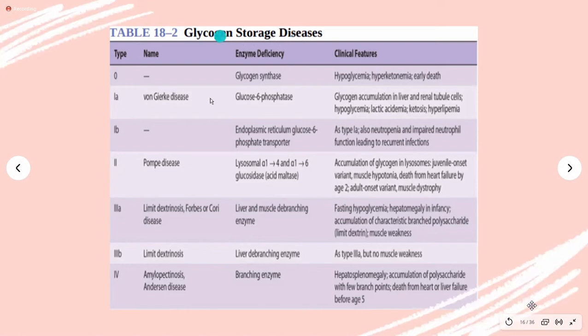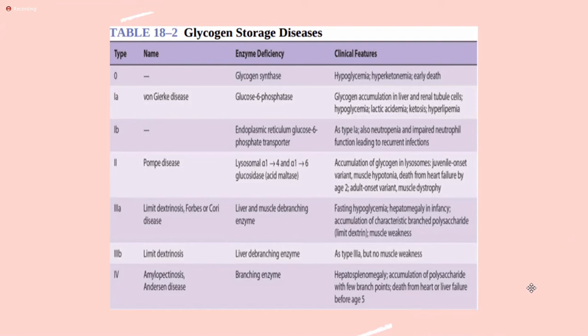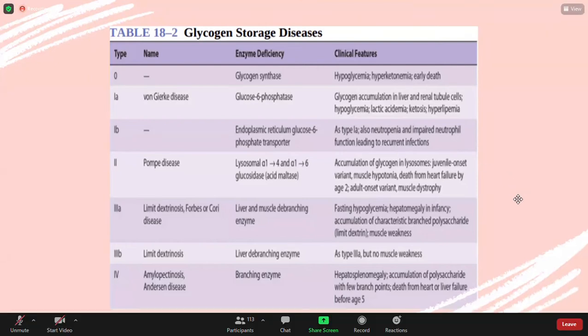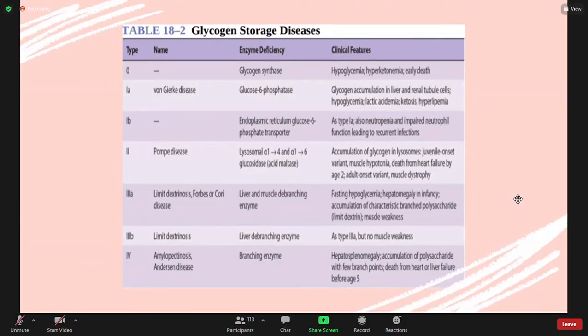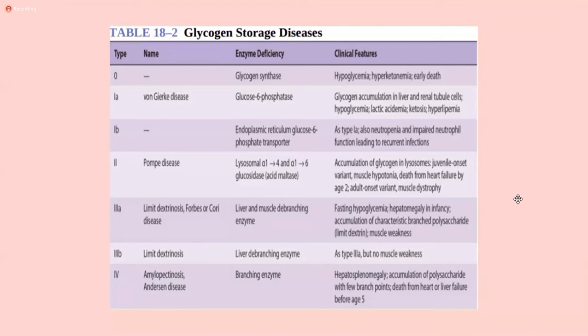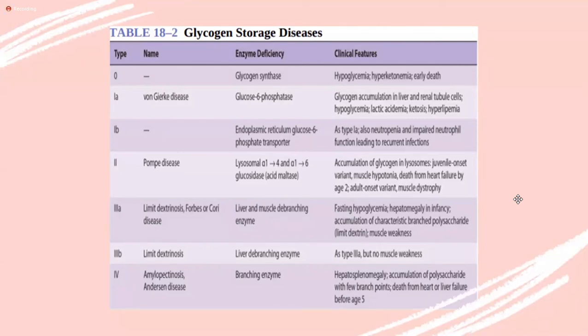Now, why Europeans? Europeans have what we call genetic disorders because once upon a time in the old days, Europeans practiced marrying within the family.